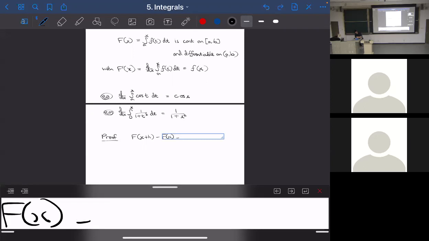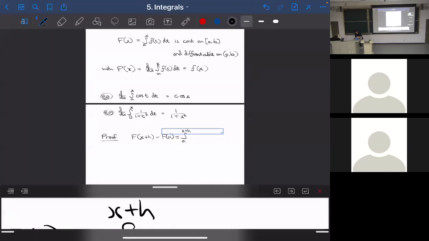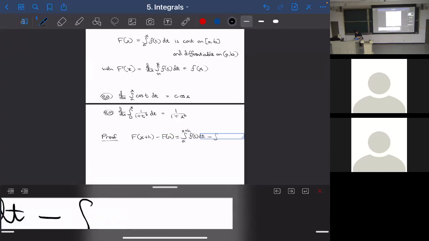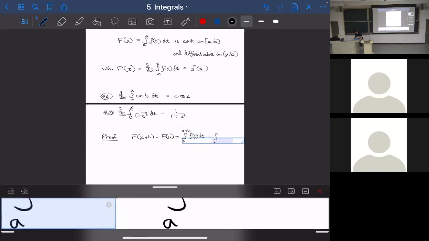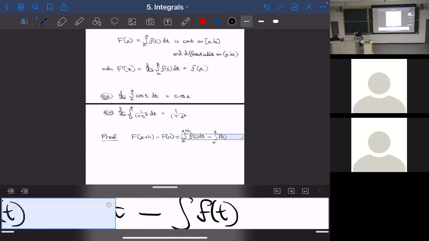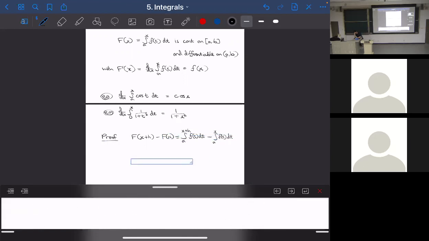So by definition of big F, this is this difference of integrals.